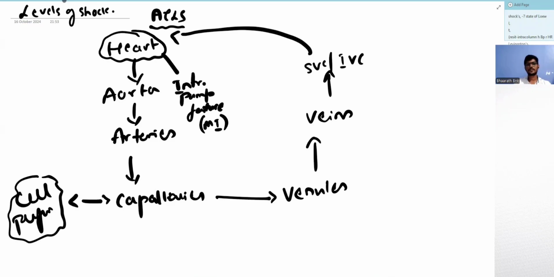This is called cardiogenic shock, which is from the heart. Or the preload to the heart is not good, because the heart can pump the blood adequately only when it can receive the blood adequately. For any reason, if the heart is not receiving the blood adequately, meaning the heart is not able to expand adequately, there is restriction to the expansion of the heart.